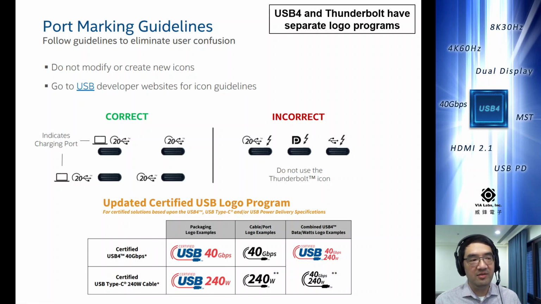So the USB-IF also seems to be moving away from marketing the spec version, and we hope that in your communication with your customers you emphasize the feature and not the spec version. So one of the key features about USB 4 is that it's 40 gigabits per second, and if you look at the certified USB 4 logo, it's highlighted right there. It's USB 40 gigabits per second. So we're not really hanging on to what version of USB it is.